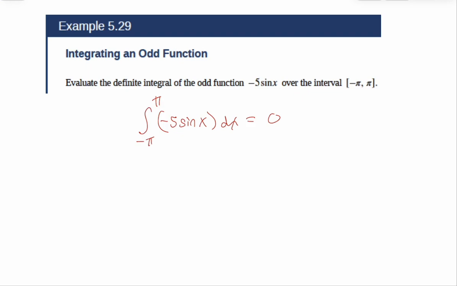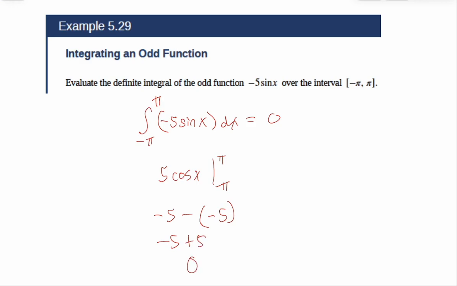So the antiderivative of -5 sine of x is +5 cosine of x. The cosine of pi is -1, so that would be -5. The cosine of -pi is -1, so that's -5. So that's -5 plus 5, or 0.